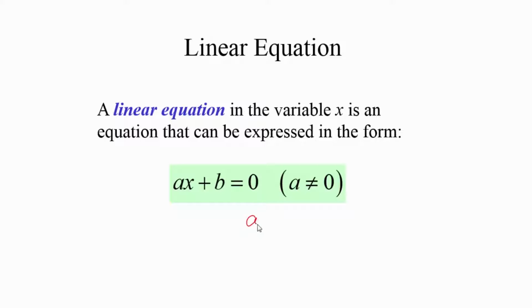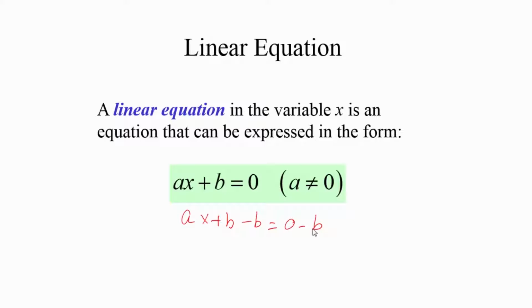So again, if this is your equation and a and b are real numbers, the way to solve it, this is what the book does: to both sides of this equation, I'm going to subtract b. So ax plus b, I'm going to subtract the b from this side, and 0 minus b on the other side, right?